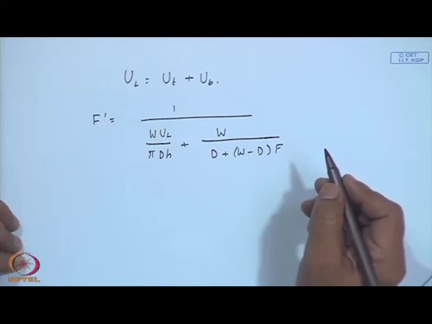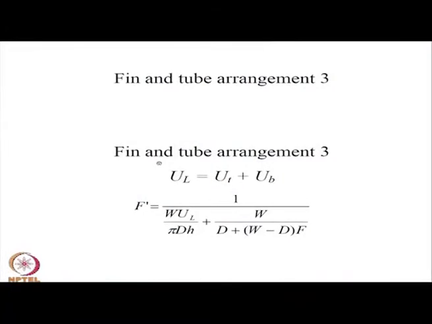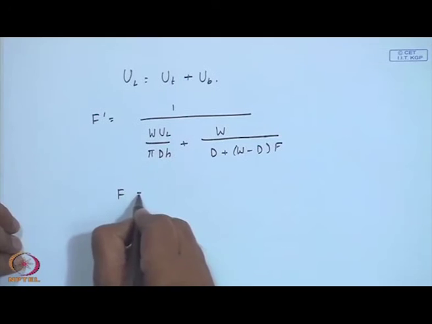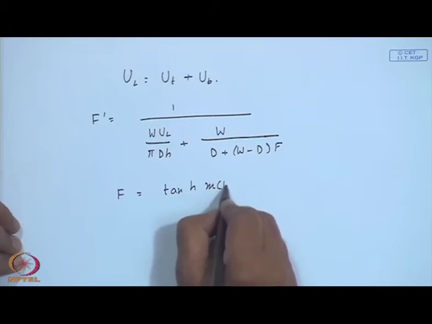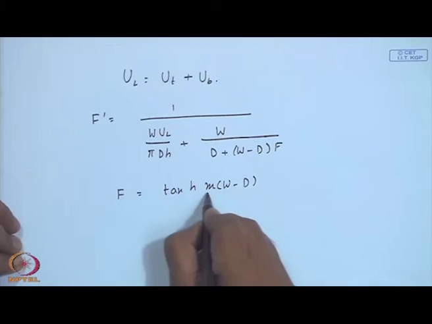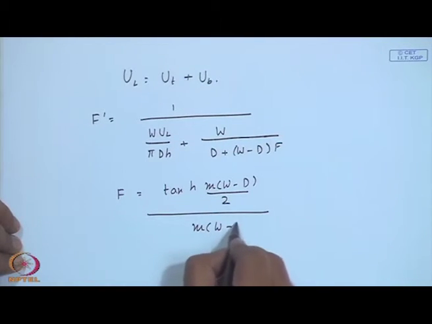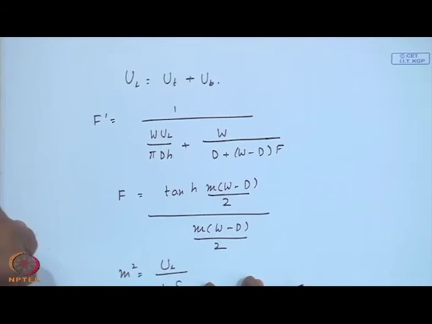Now, these are the three configurations. Again, F turns out to be the same. So the definition of F remains the same. However, your F dashed differs for these three configurations.